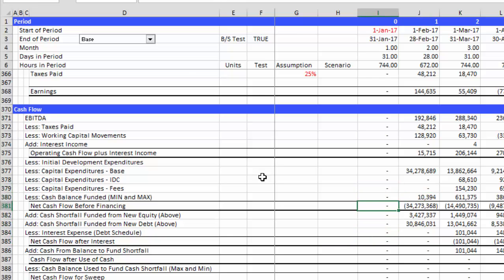Then we say, okay, let's take this money we have and let's see how much comes from equity and debt, and then we better subtract the interest we pay that's not included in this IDC here. Now that causes a negative cash flow because of the way we funded. I could have maybe put the interest up here.